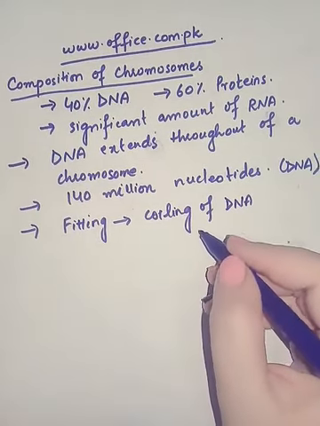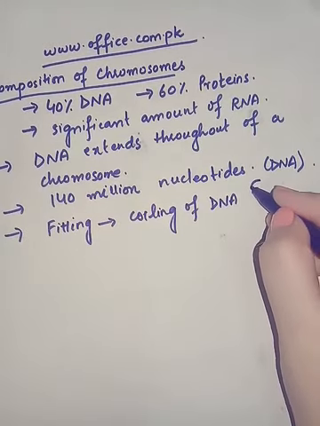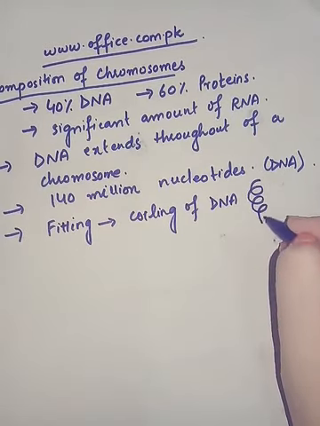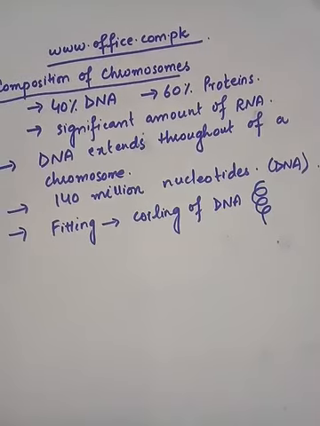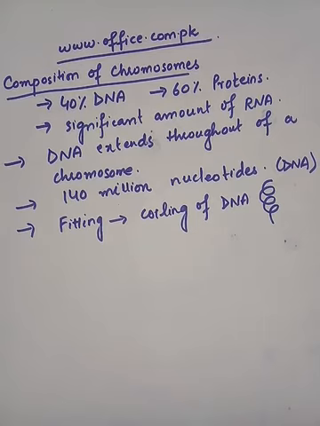Like this, the double helical structure is coiled and fixed inside the whole length of the chromatid. Now, how is the DNA properly coiled?